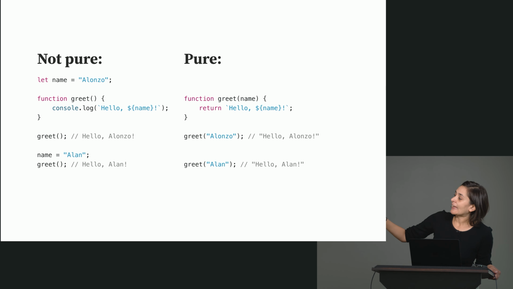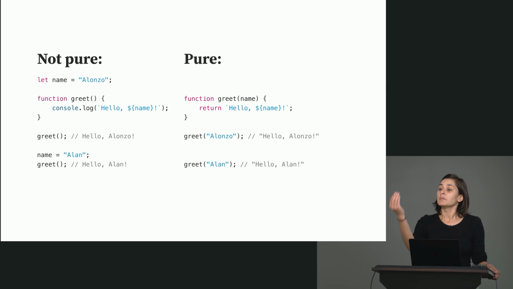Now, a pure way of structuring this would be to make name an input to the function, so that way we're only looking at that data in order to make our computation, and then to return the output instead of logging it to the console. So this is a very, very simple, but I hope illustrative example of what we want to not do in our functional programs.